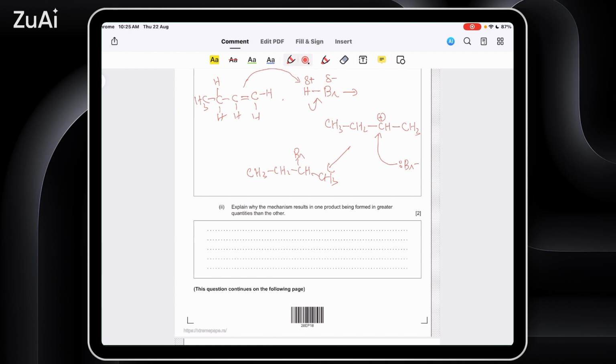We have to write like: secondary carbocation is more stable since it has greater positive inductive effect.